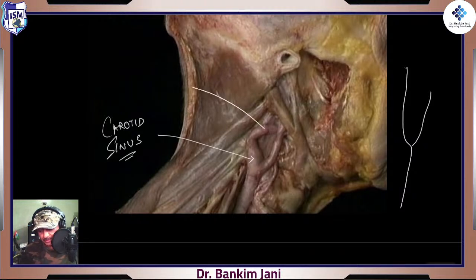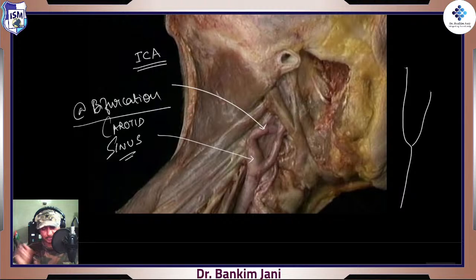Over here, this is a variation. Normally it goes straight up, but here it has taken a slight turn and then started traveling up. This is like a normal variation, nothing bad about it. This is the internal carotid artery, and normally it would go straight. And this carotid sinus, do remember that it is at the bifurcation.